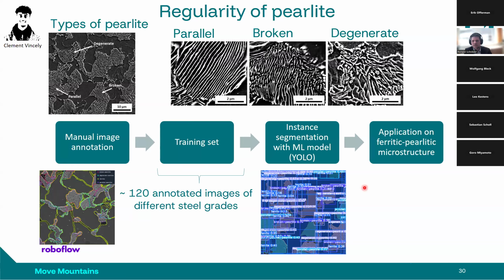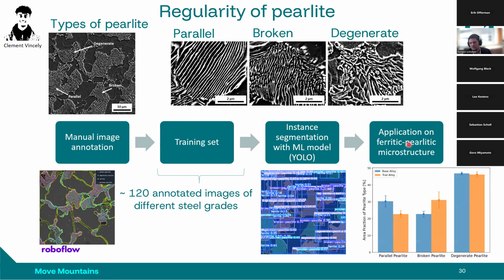And this evaluation brings statistically relevant results, I would say. You're able to produce statistically relevant evaluations when you apply this to ferritic-pearlitic microstructure. What we have seen here is, for example, the area fraction of pearlite, again for a base alloy and then a trial alloy with increased tramp elements, and I would only like to focus on this broken pearlite.